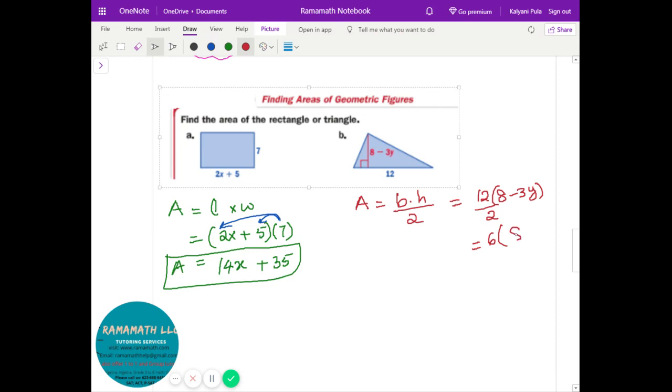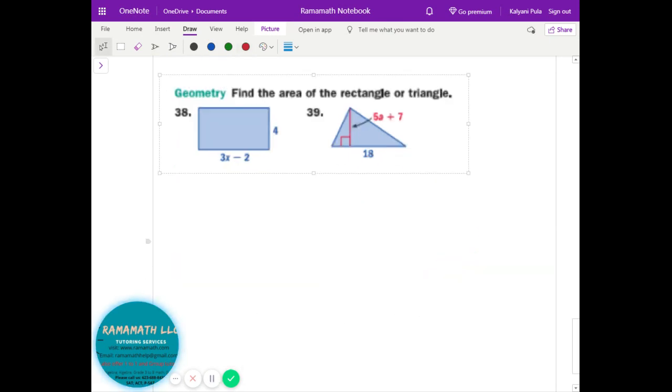Agree? 8 minus 3y gives 48 minus 18y. That's it. We can't combine them because they are not like terms. See, this y is a variable, but this is a constant. So there are no like terms. When there are no like terms, you cannot combine them. So your answer is that's it. No more. All right, since you understand that one, let's try these questions the same way.